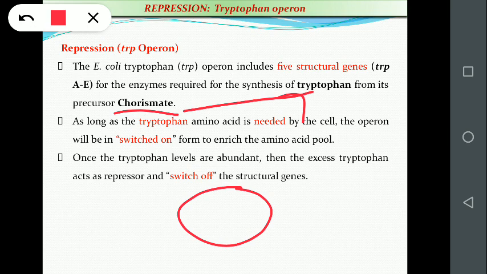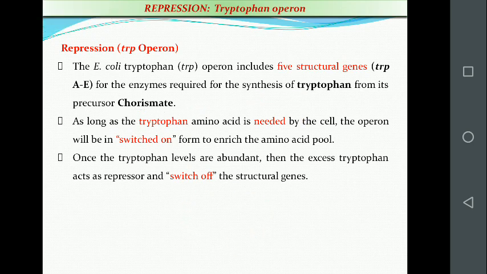Therefore, from chorismate to tryptophan we require five enzyme activities, and those five enzyme activities are shown by three different enzymes. Because of five different enzyme activities, chorismate is converted to tryptophan.